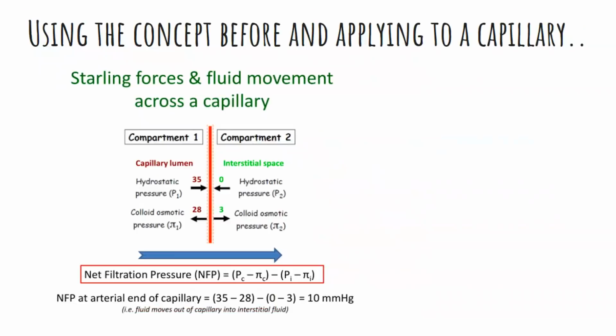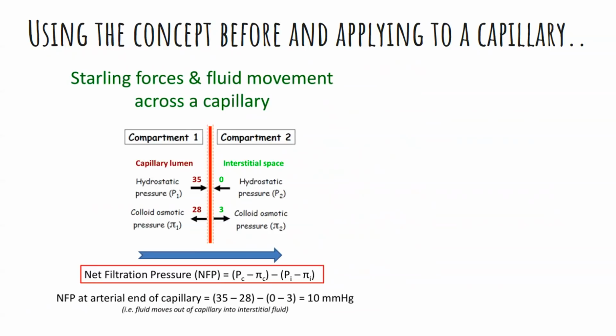And then moving this further into the capillary, so like I said, you've got this net filtration pressure in the kidney, and the difference in the hydrostatic pressure on one side and the hydrostatic pressure on the other, with the colloid osmotic pressure of both sides, will then affect the net movement.